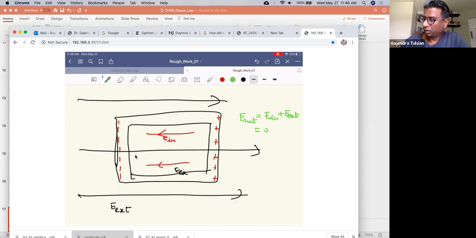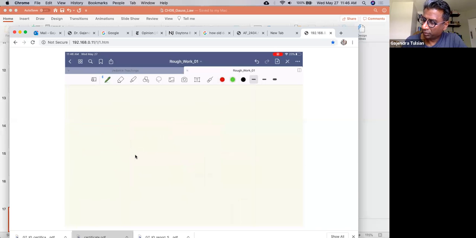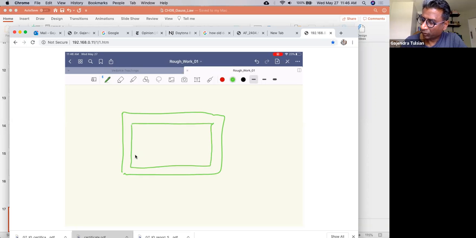And so inside the cage, here's what you see. There is the cage again. There's the external field.